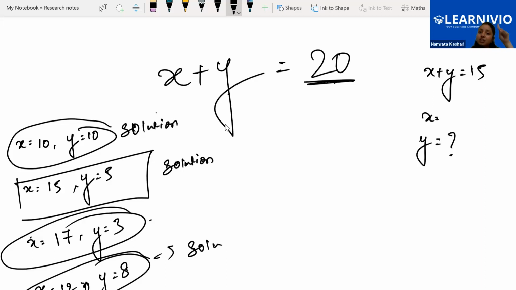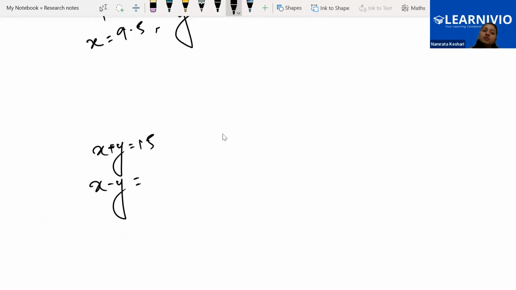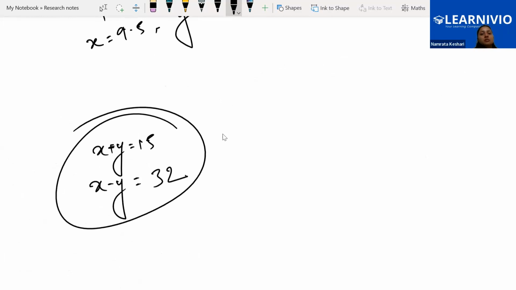But if I give you x plus y equals 15 and x minus y equals 32, two equations at a time, then from here you will be able to find a specific x value and a specific y value, which will satisfy the first and the second equation also.